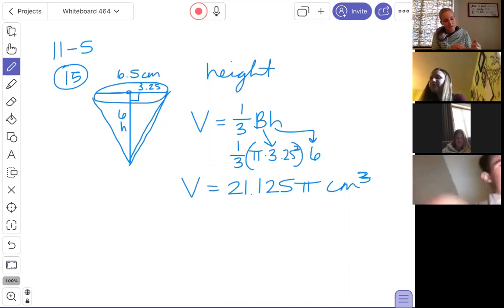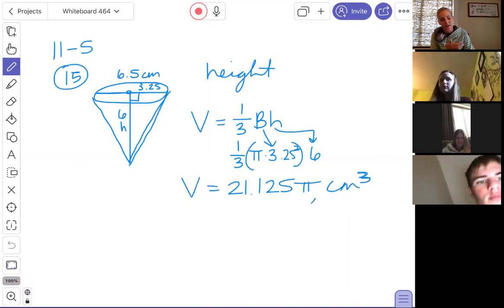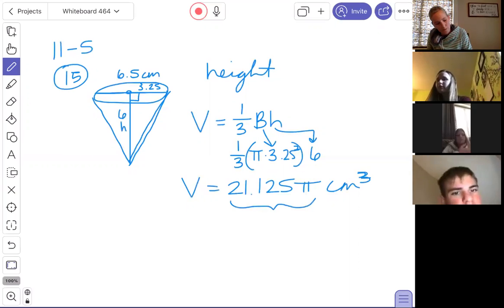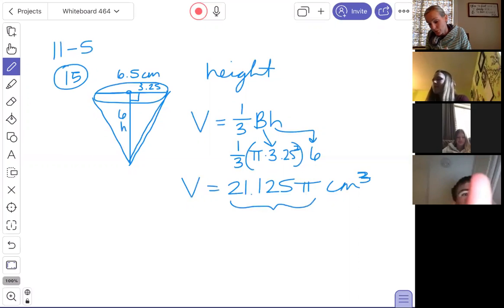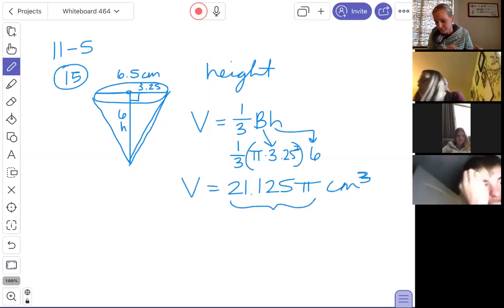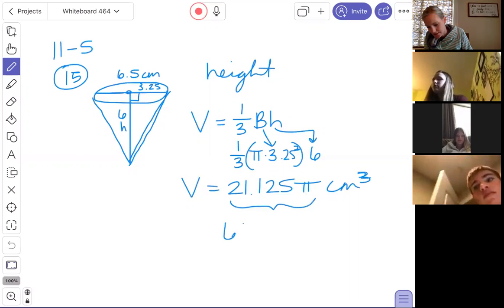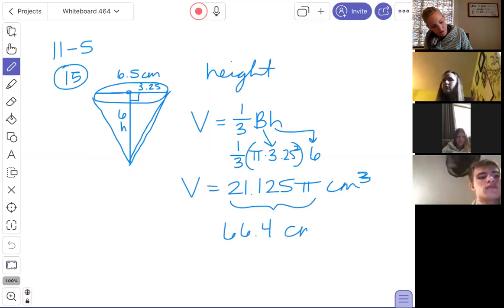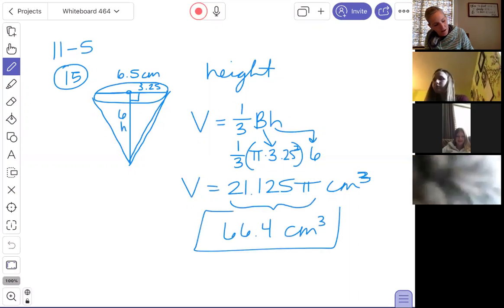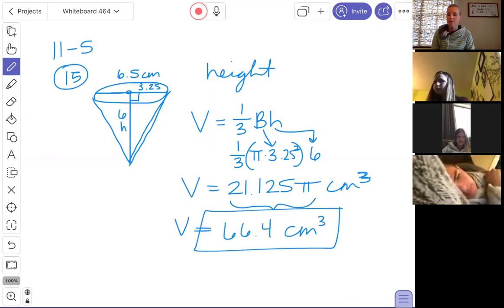But if they ask you to round, you just plug that in. 21.125 times pi is 66.4 cubic centimeters, if you want to do the rounded way.